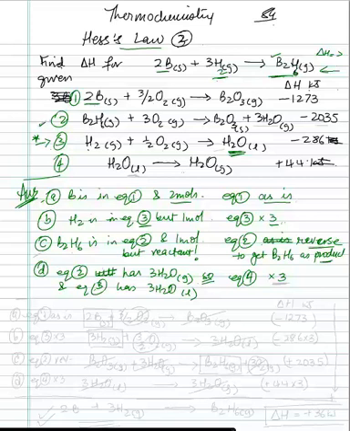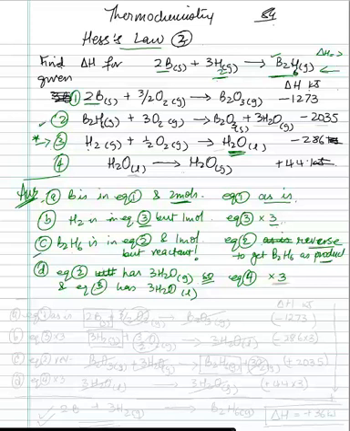Okay, and so that is our strategy. All right, I hope it's all clear. You can listen to it again, but I'll just say it quickly. All right, boron is in equation number 1, which is fine, and it is 2 moles as well, so take it as is. Hydrogen is in equation number 3, but we need 3, and we only have 1, so therefore we multiply the equation by 3.